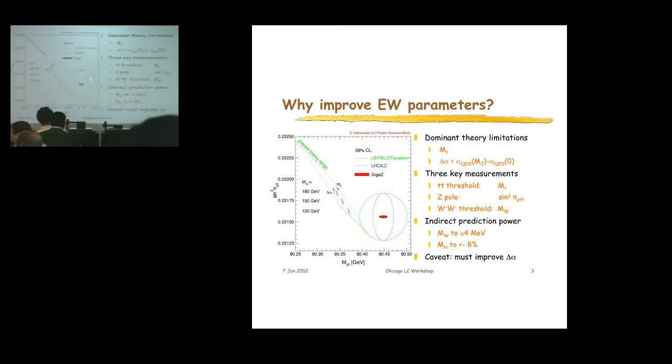To get the constraining prediction power that you'd like from sine squared theta effective, you also have to improve the running of alpha QED up to the Z scale. To do that, you need to improve the low energy R measurements through experiments like PEP-N at SLAC, or in the charm region, CLEO-C.